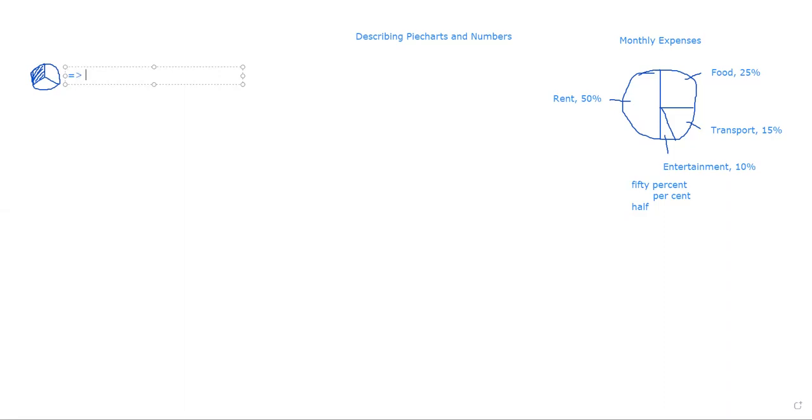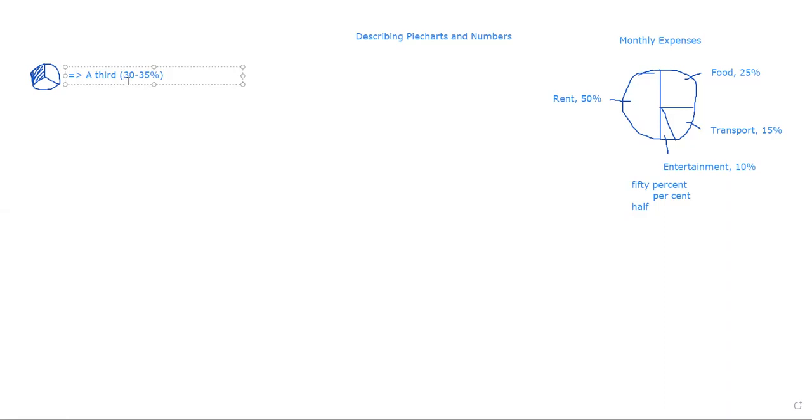So you can write a third. If the given number is around this range, around 30 to 35%, instead of writing the number, you can simply write a third.